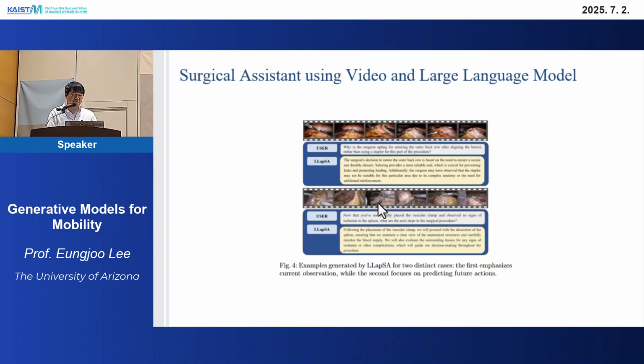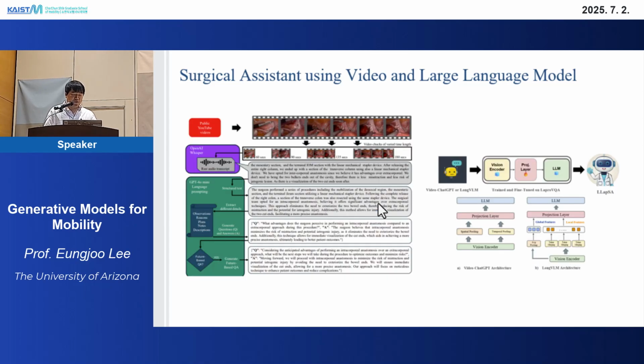And our work was focusing on the current surgical scenario and also future surgical actions as well. So we curated our own data set focusing on past, current, and future surgical action, and also tried to have our own model so that the output we are getting would be like a scene description for the clinician.